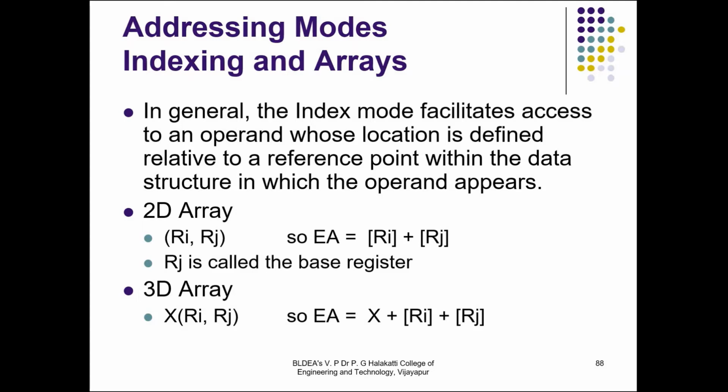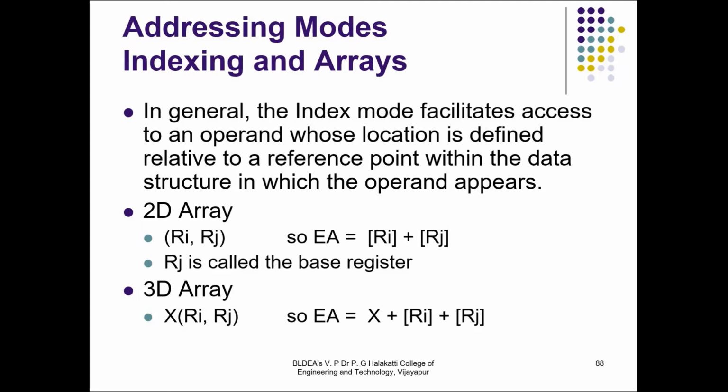If I am using it for a two-dimensional array, it will be (Ri, Rj), so the effective address will be the content of Ri plus the content of Rj, and Rj here is called the base register.